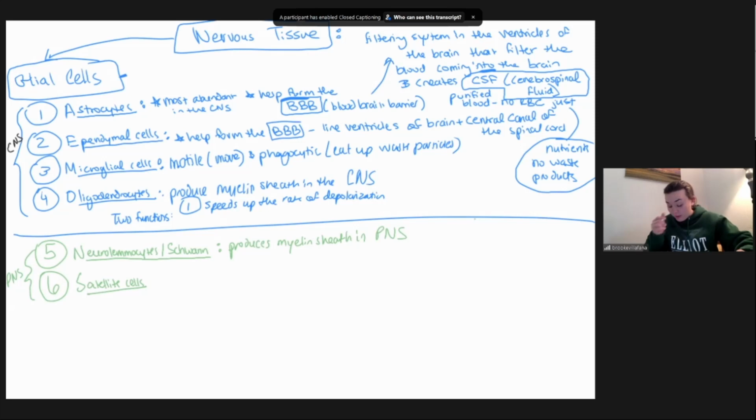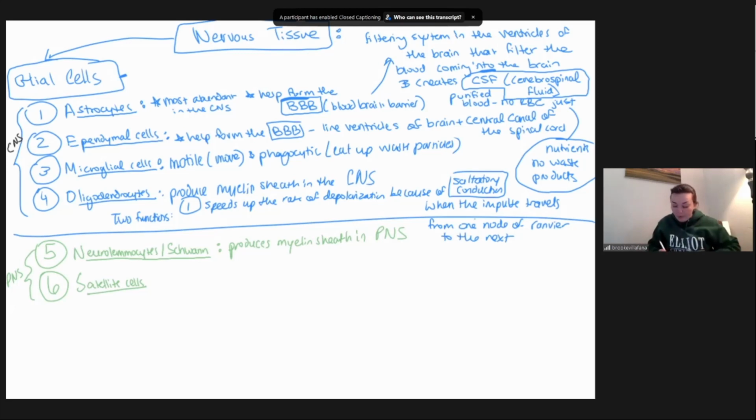And the rate of depolarization speeds up because of saltatory conduction. Saltatory conduction is when the impulse travels from one node of Ranvier to the next.